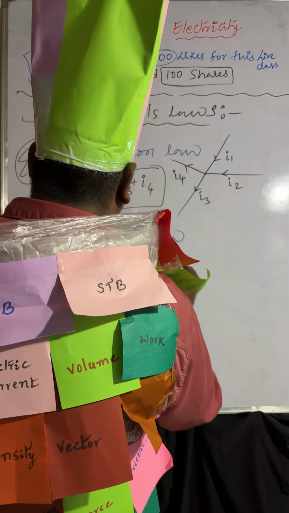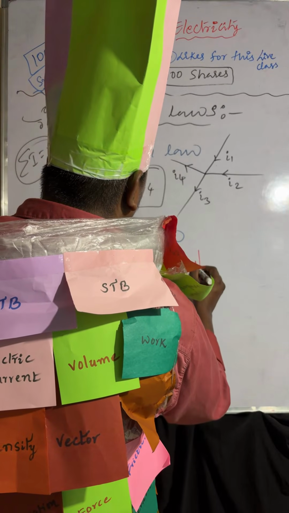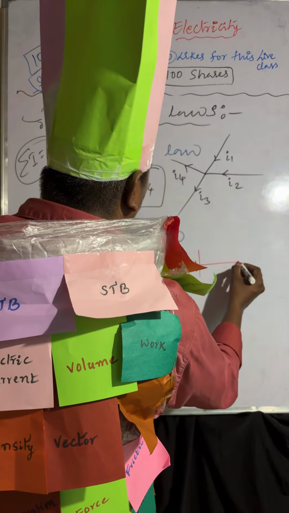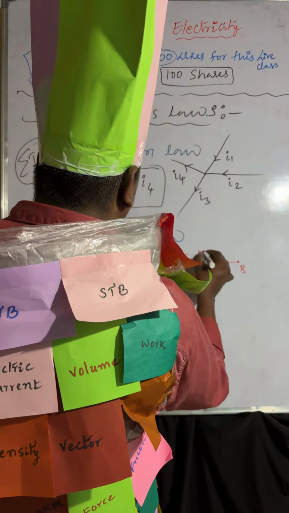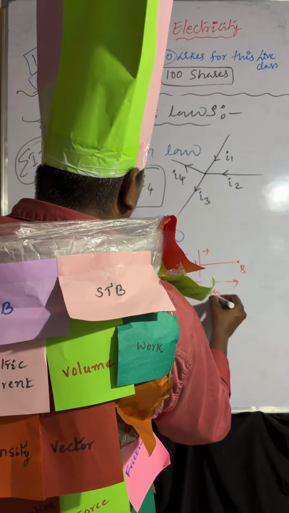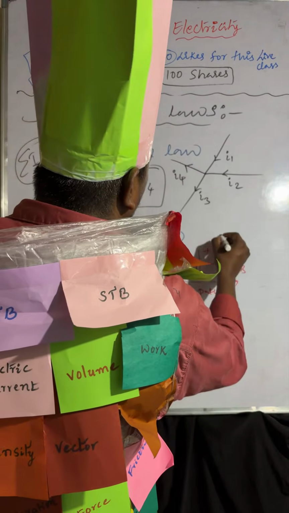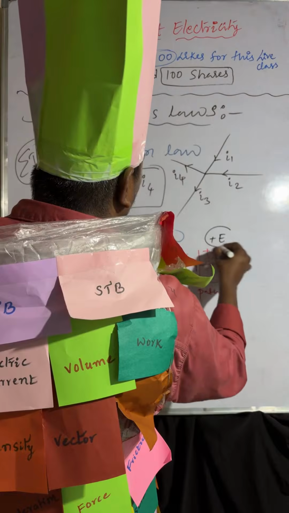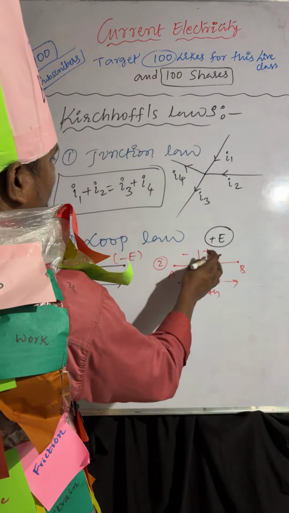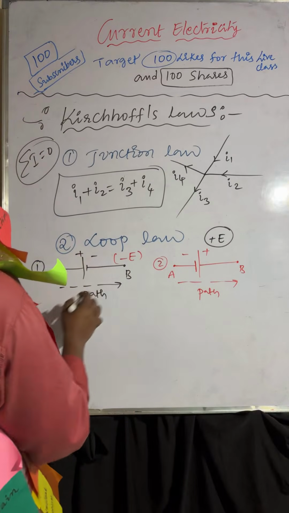Coming to the second one, we are moving from negative to positive, A and B, along this path. The EMF of this cell is positive, because the final point you are reaching is very important. Negative to positive, positive EMF; positive to negative, negative EMF.